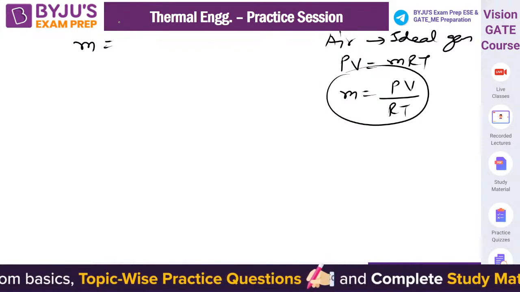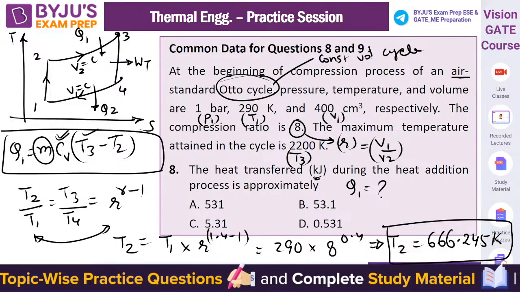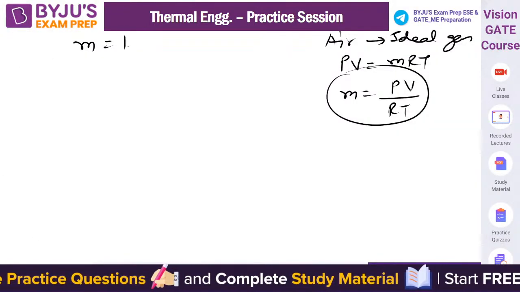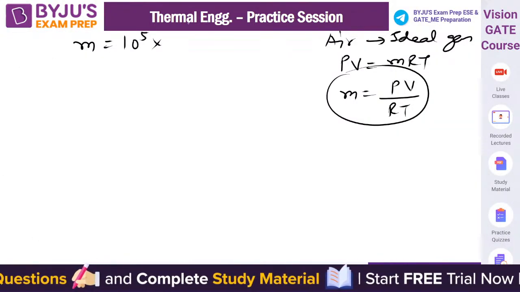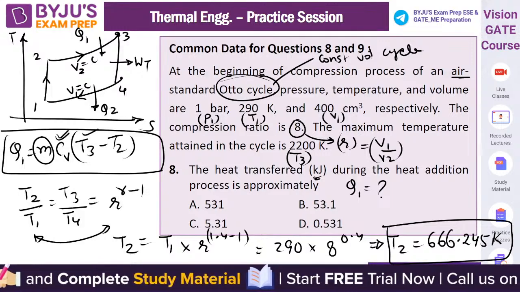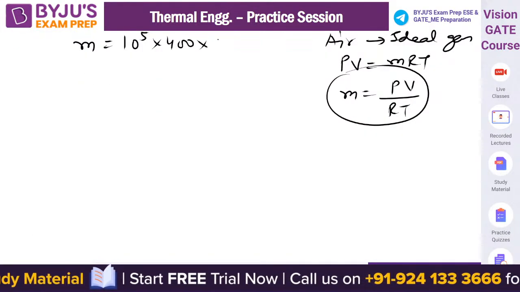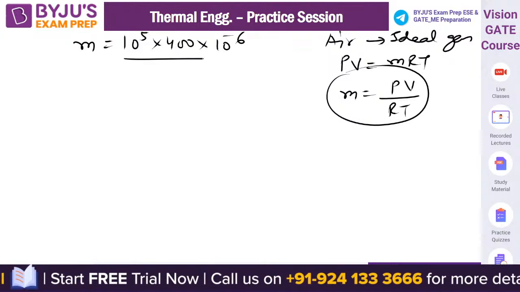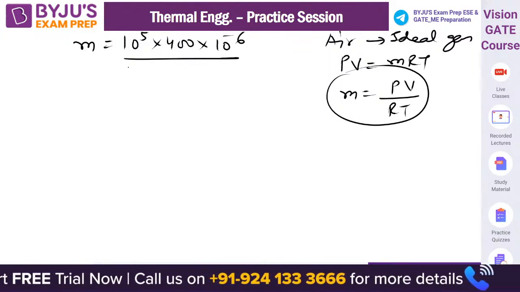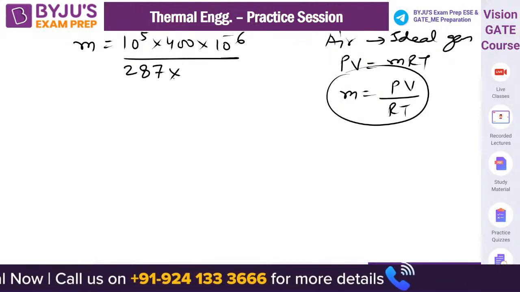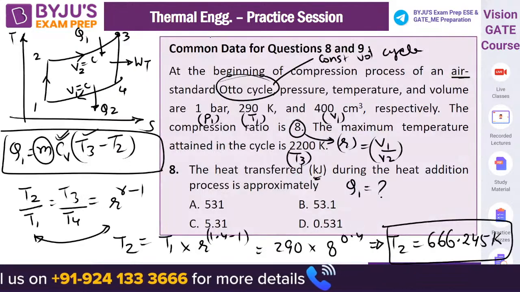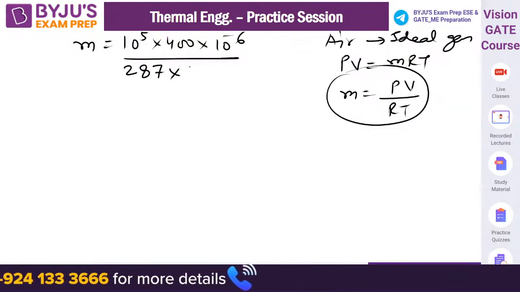Put the parameters in their SI unit. 1 bar is 10 to the power 5 Pascal, into volume 400 centimeter cube, so 400 into 10 to the power minus 6, upon R, that is 287 into temperature, that is 290.